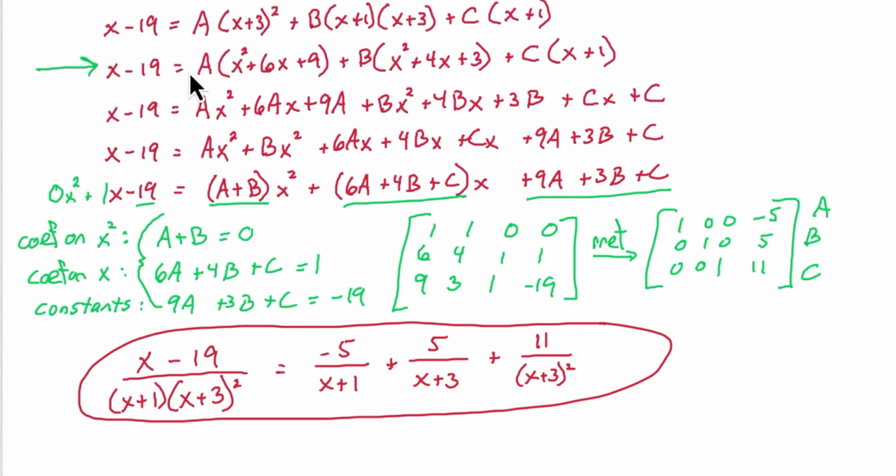Then looking ahead for the x terms, notice if we distributed this A, we would get 6A down here. Same thing with the B. We have 4B because it's beside the x, and then Cx, or just C in the system. Then for the constants, we would have 9A, 3B, and 1C. So if you can see ahead, we can skip some of these intermediate steps to jump straight to the system.